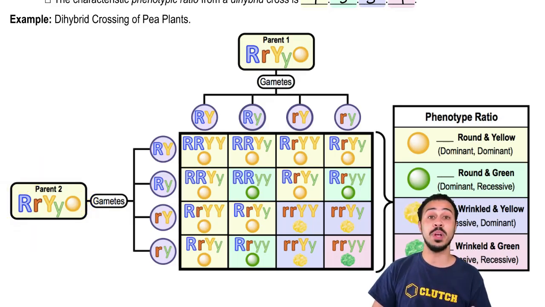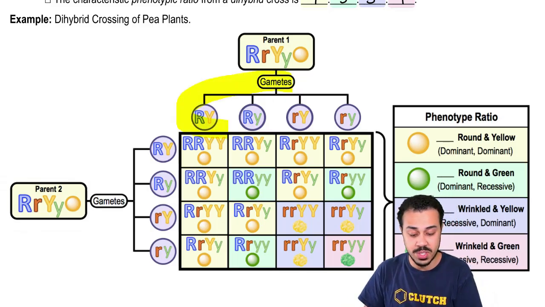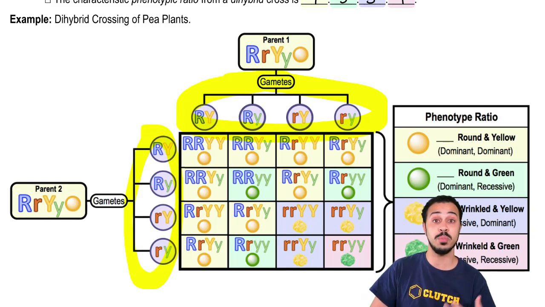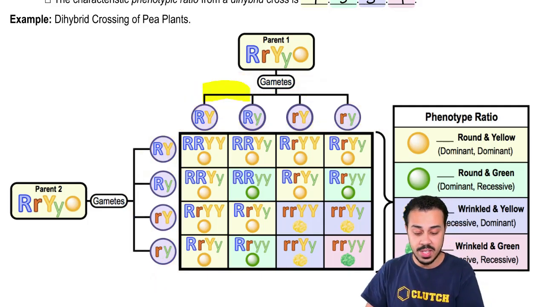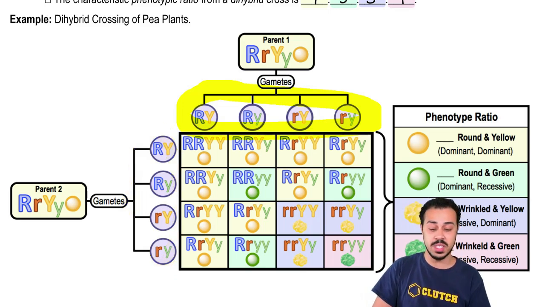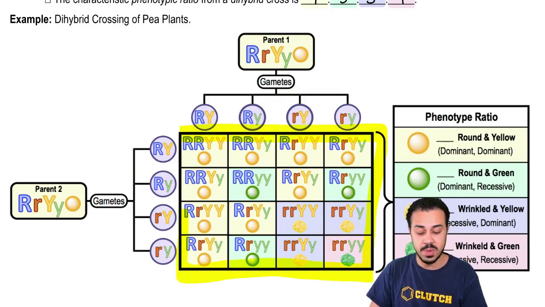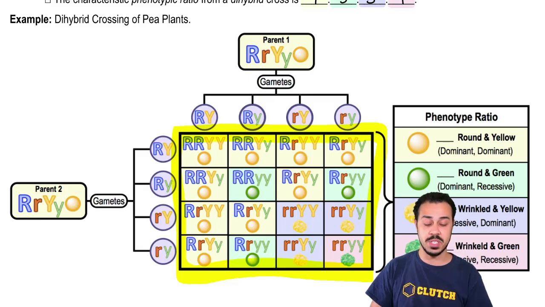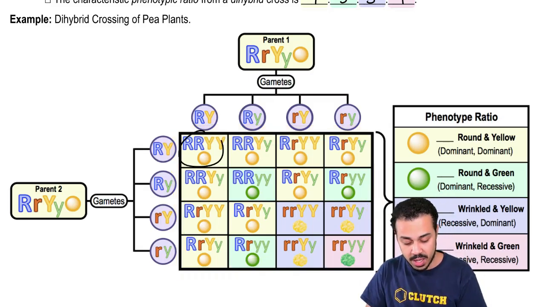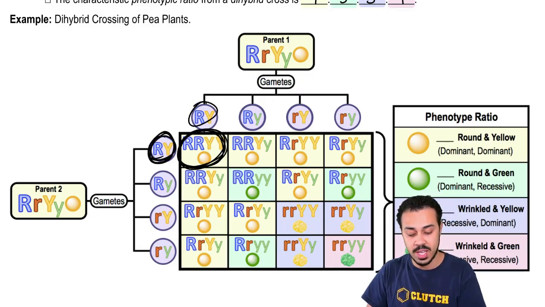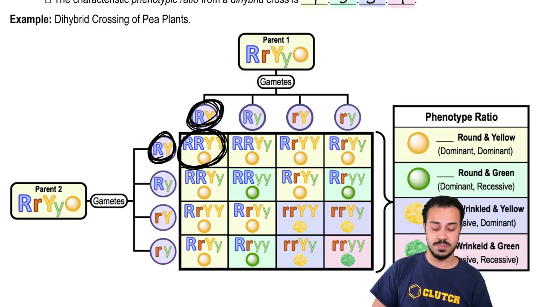Dihybrid organisms have more possibilities when it comes to their gametes. They have more gametes than what we've seen before in our other Punnett squares. These increased possibilities of gametes create a larger, more complex Punnett square. But it works in the same way as our previous Punnett squares, where each box represents a possible fertilization event of the gametes that you see aligned.